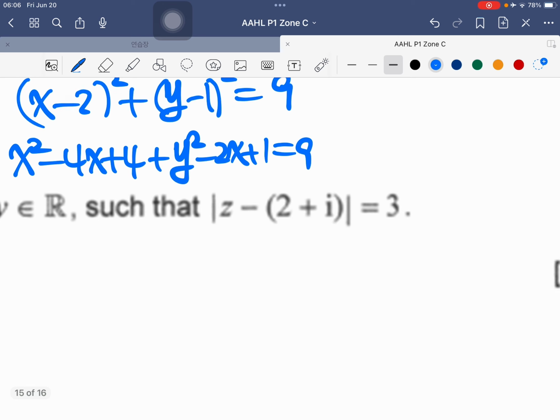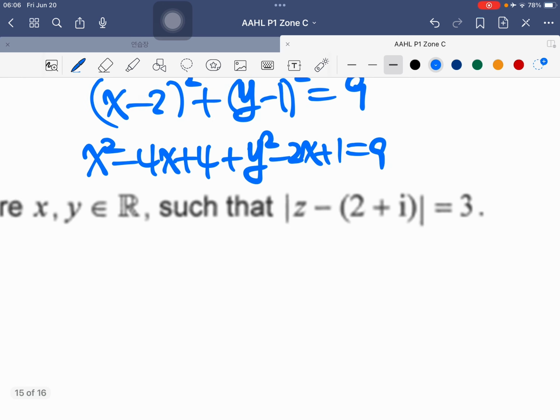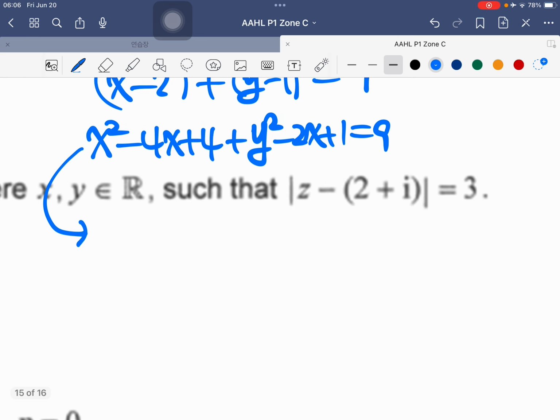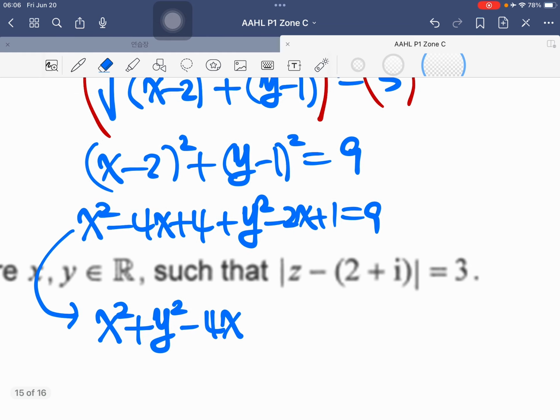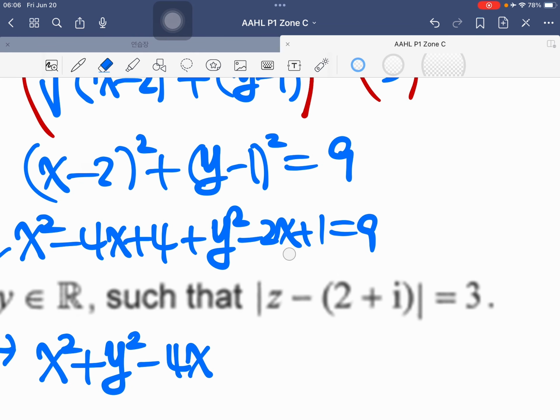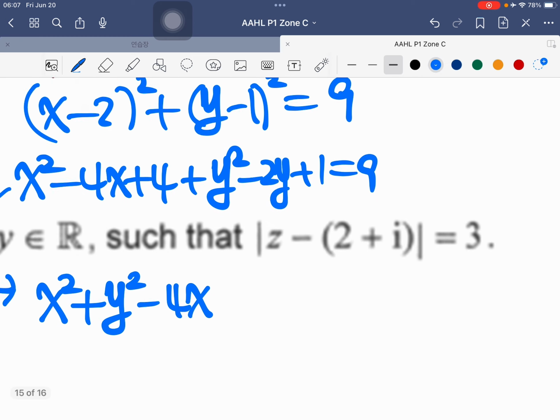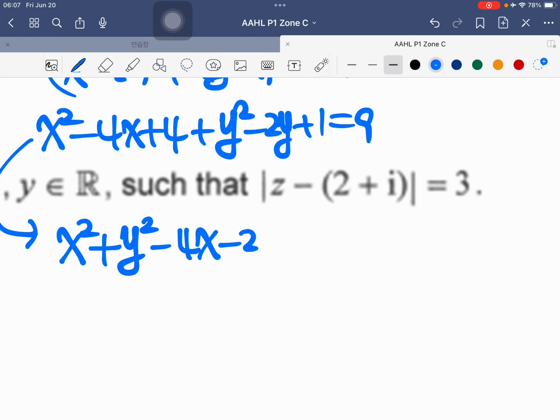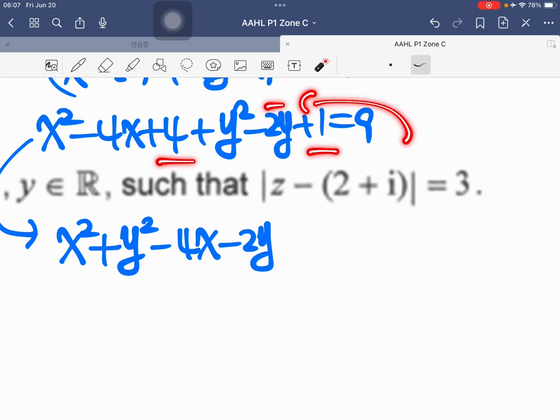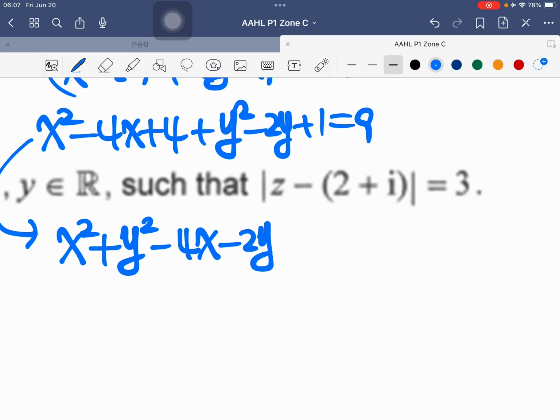Then we simplify this expression one more time. We got x squared plus y squared minus 4x. Oh, how come this became x? This is 2y actually, right? So minus 4x minus 2y, and then 5 minus 9 becomes negative 4, equals 0.